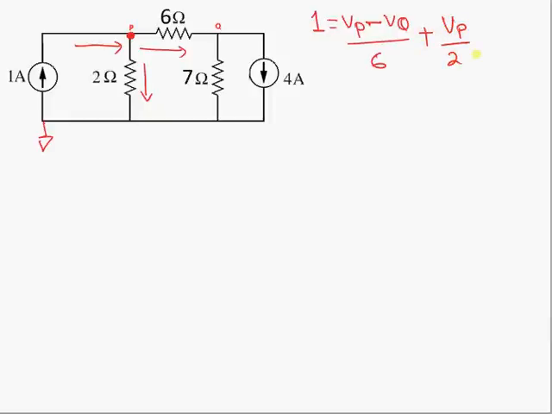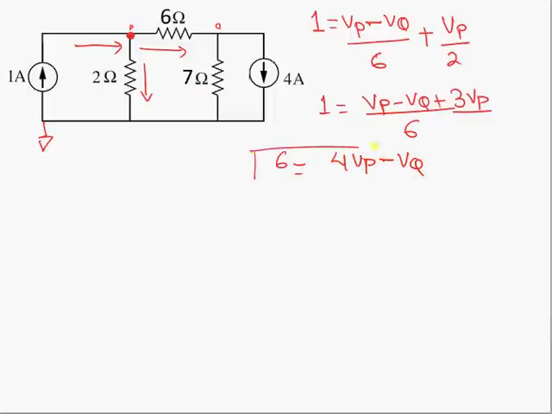So let's simplify this, and we get 1 is equal to (Vp minus Vq plus 3 Vp) over 6. Let's multiply both sides by 6, and I end up with 6 is equal to 4 Vp minus Vq. We'll call this expression 1.